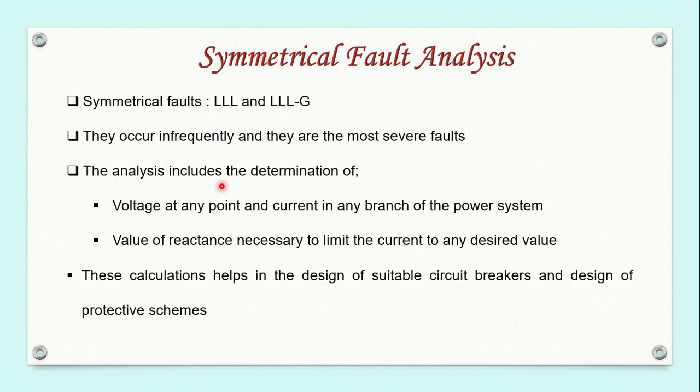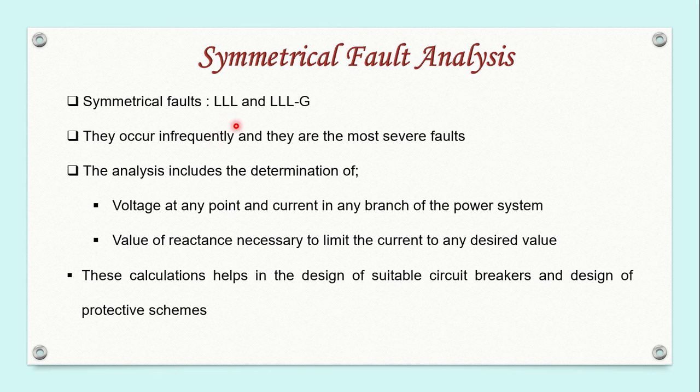And the analysis of symmetrical faults includes the determination of voltage at any point on the network and current in any branch or through any component of the power system, and also the determination of the value of reactance necessary to limit the current to any desired value. If a triple line or triple line to ground fault occurs, they are short circuit faults and there will be an increase in current.